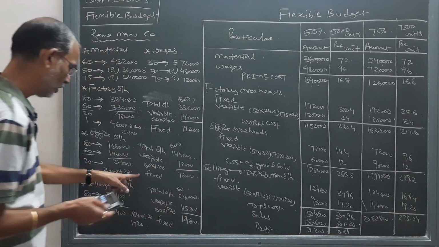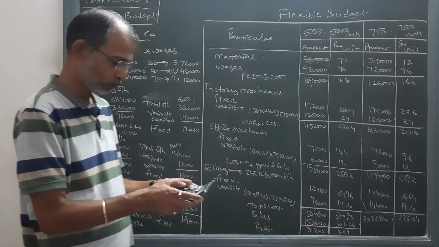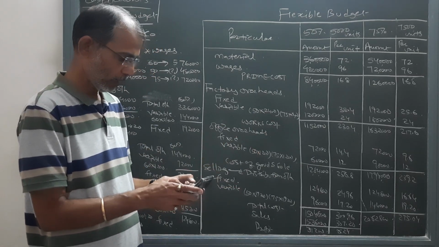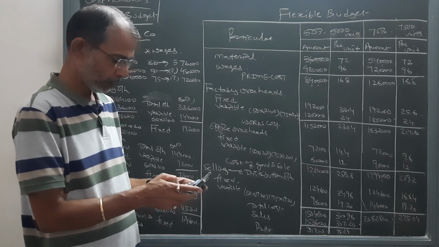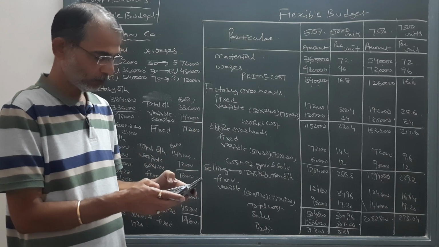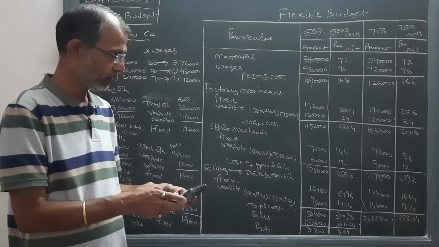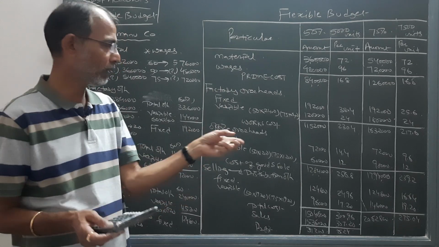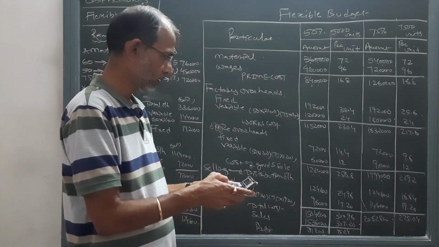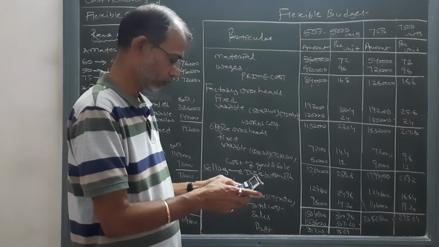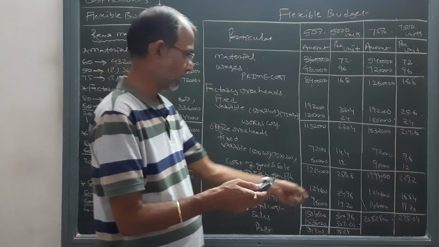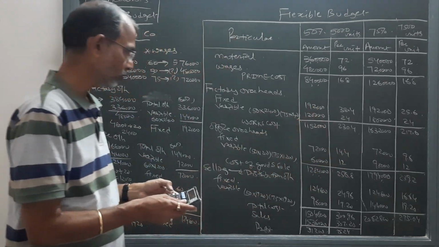While fixed are 72,000, so 72,000 divided by 5,000 gave us 14.4, and 72,000 divided by 7500 gave us 9.6, plus 12 plus 217.6 is 239.2, while figure 17,94,000.